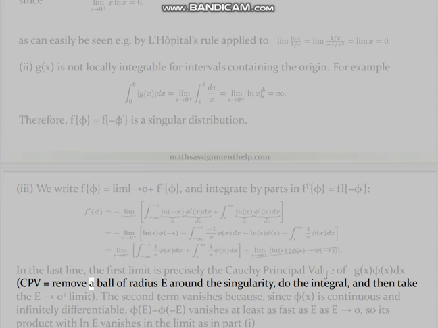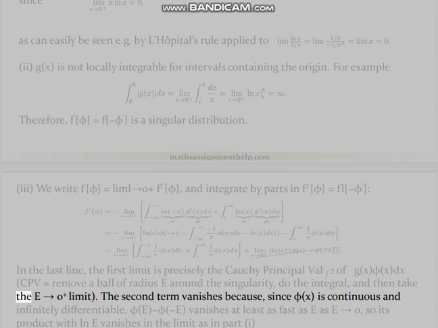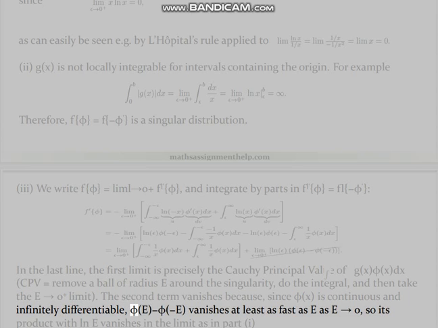CPV means remove a ball of radius epsilon around the singularity, do the integral, and then take the epsilon goes to 0 plus limit. The second term vanishes because, since phi(x) is continuous and infinitely differentiable, phi(epsilon) minus phi(minus epsilon) vanishes at least as fast as epsilon goes to 0, so its product with ln epsilon vanishes in the limit as in part 1.